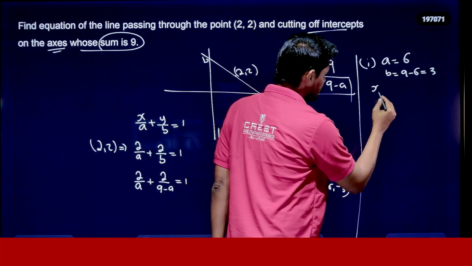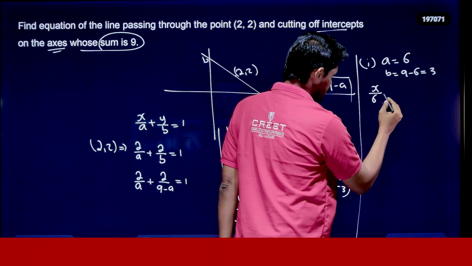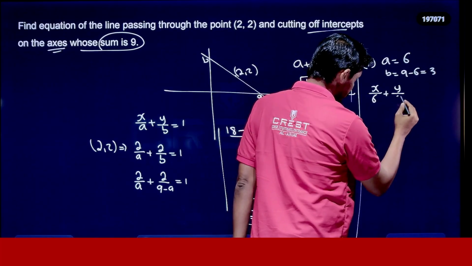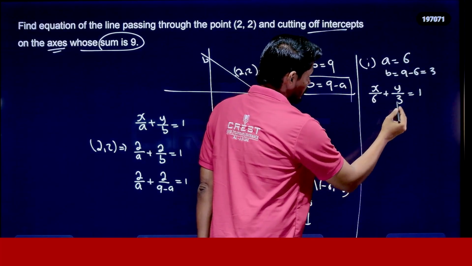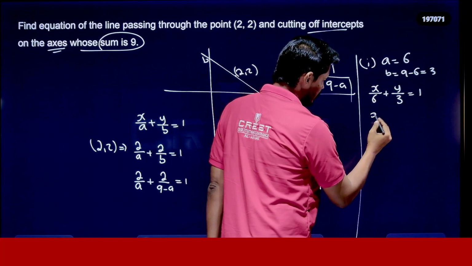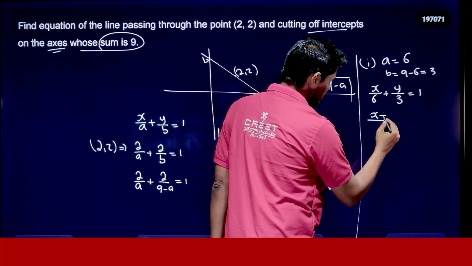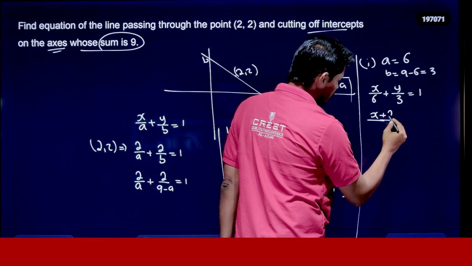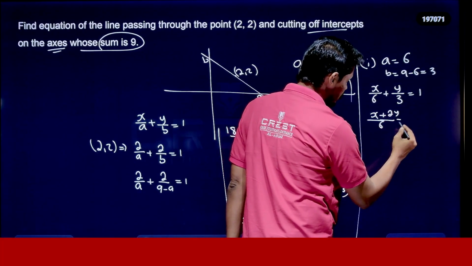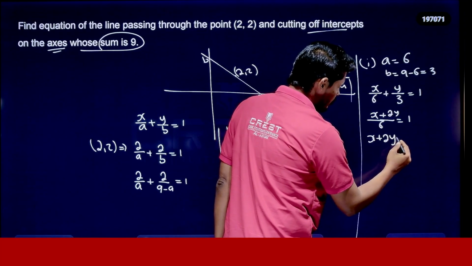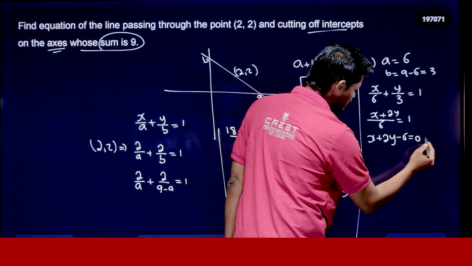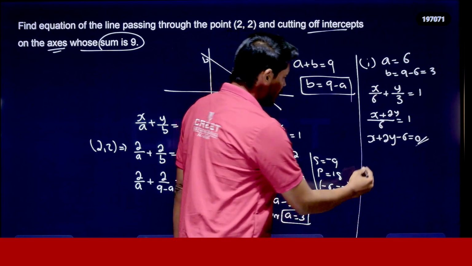It will be x divided by 6 plus y divided by 3 equal to 1. Taking 6 as the common denominator, we get (x plus 2y) divided by 6 equal to 1. You will get your answer: x plus 2y minus 6 equal to 0. That's the first one, and we have a second case also.